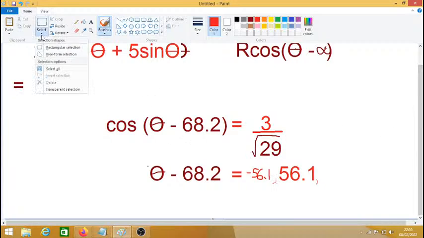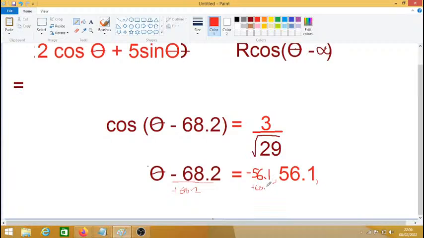Okay, now we can rearrange. So now here we've got theta minus 68.2 degrees. So I'll add 68.2 degrees to every angle to get rid of that minus 68.2.